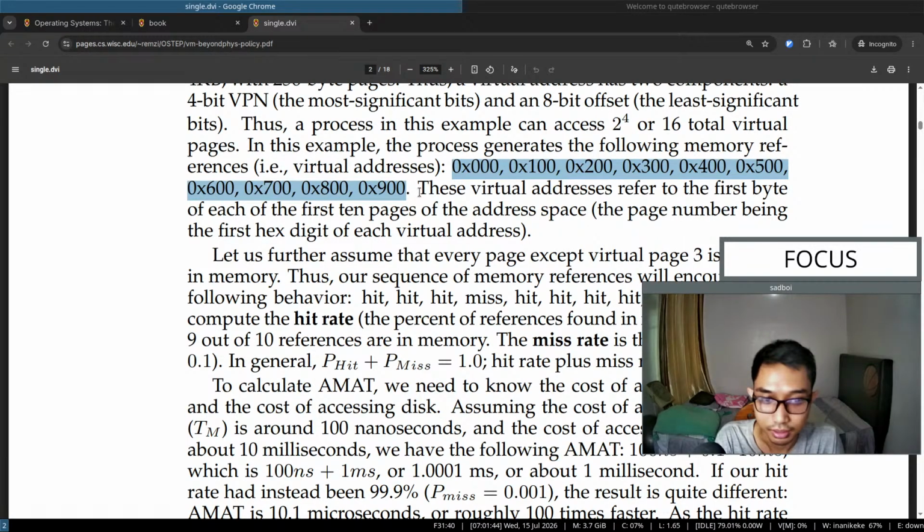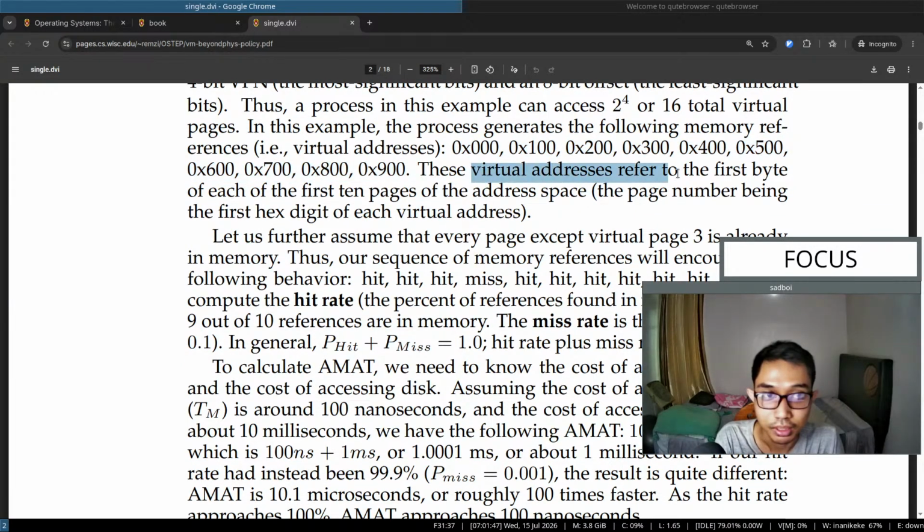virtual addresses. These virtual addresses refer to the first byte of each of the first 10 pages of the address space.